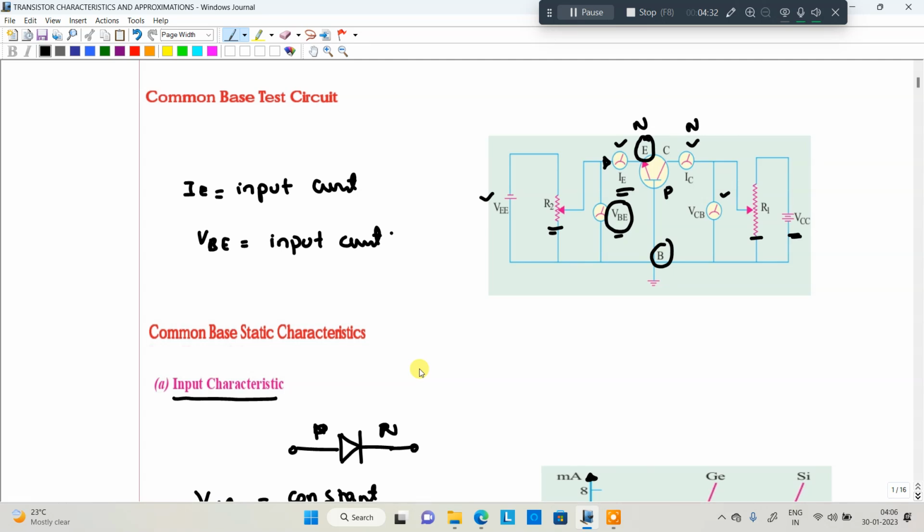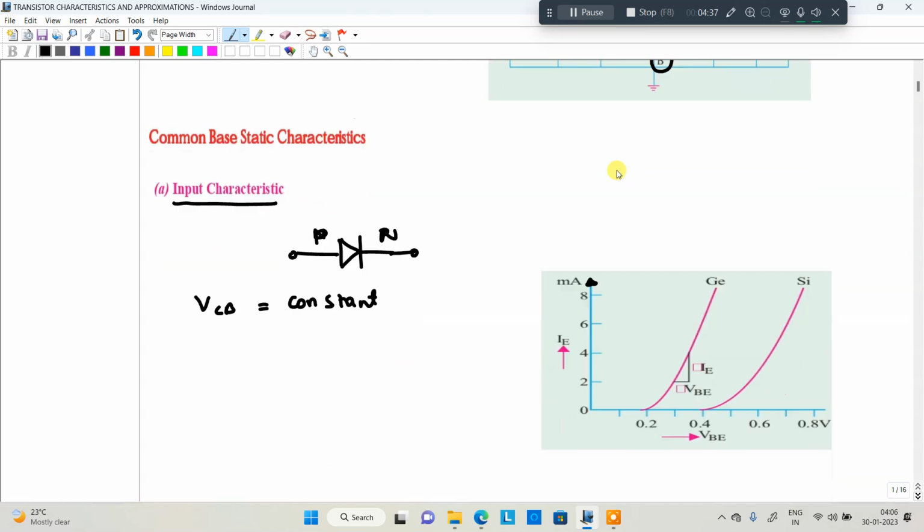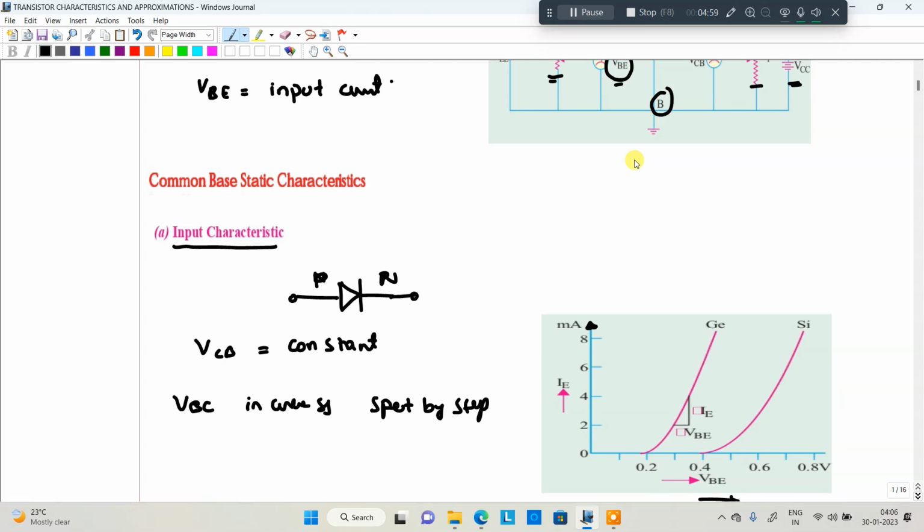After that, the input voltage VBE is increased step by step. Whenever it increases step by step, what will happen? IE increases.